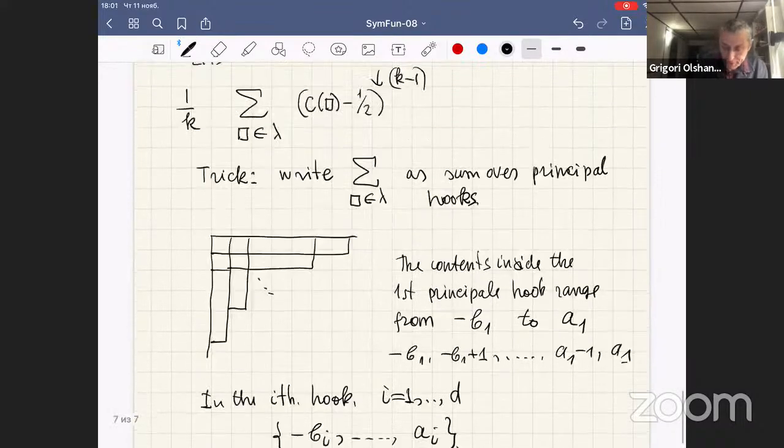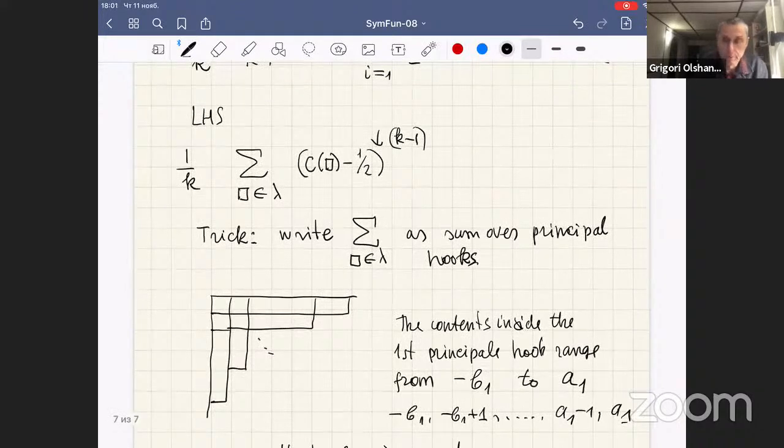So what do we have next? Next, we apply our lemma. And because we have factorial powers, we can easily get this sum, and we get the difference of the extreme values of the contents.